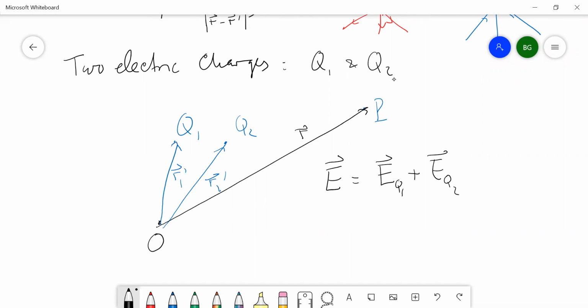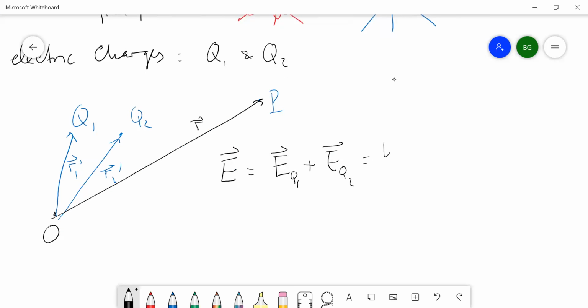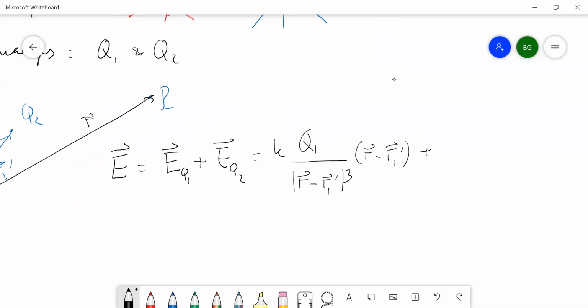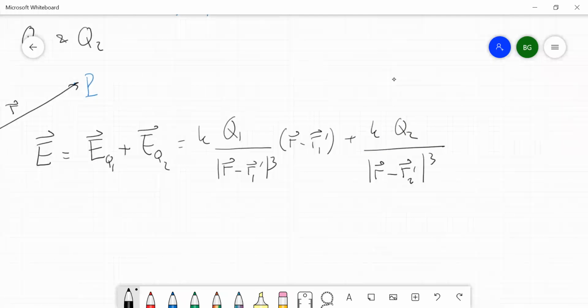Each has the form K Q1 over |R minus R1'| cubed times (R minus R1'), plus K Q2 over |R minus R2'| cubed times (R minus R2').